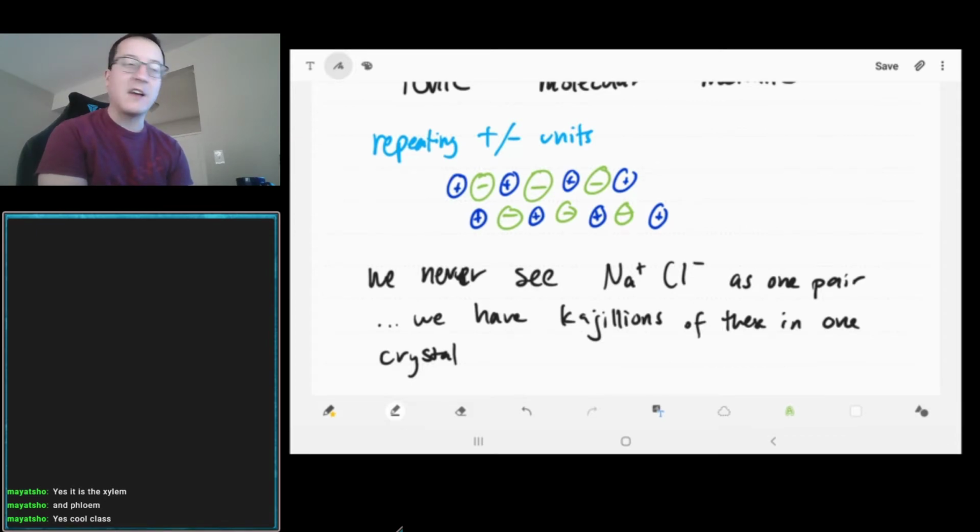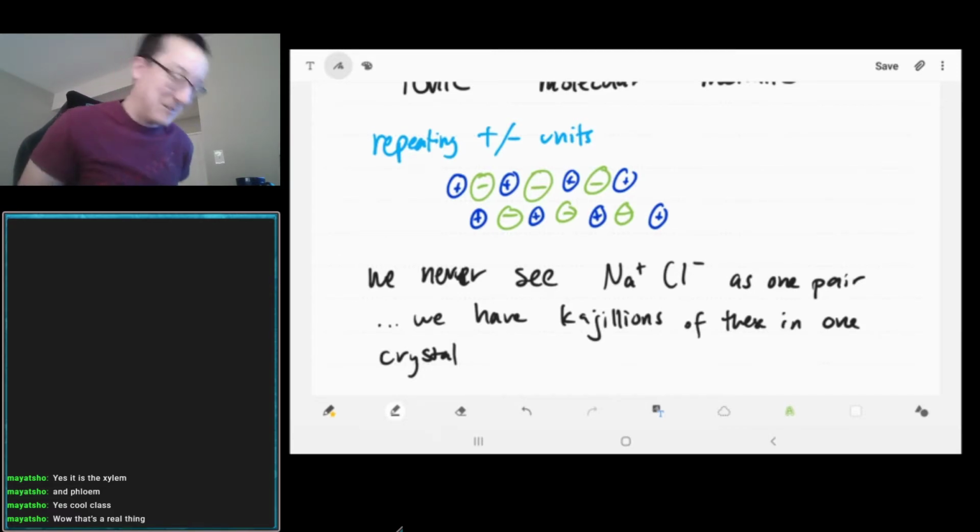And so we never see just one pair of sodium and chloride together. We actually see cajillions of them arranged in these repeating patterns where we have positive, negative, positive, negative, positive, negative. And so, yeah, cajillions is a real word. I don't have a good number for you, so yeah, cajillions. Okay, and so you see these together like this.